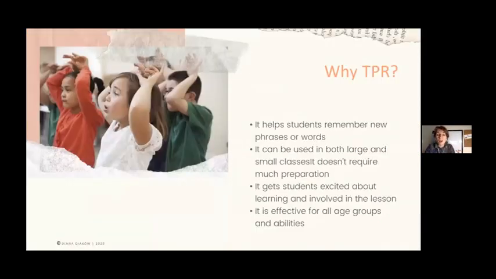So why should you bother with TPR and even try that? Well, because it really helps students remember new phrases and words. It's an excellent method for beginner students, just because it's really friendly and it's really effective because it really stimulates both hemispheres.